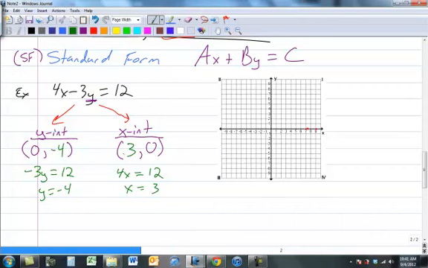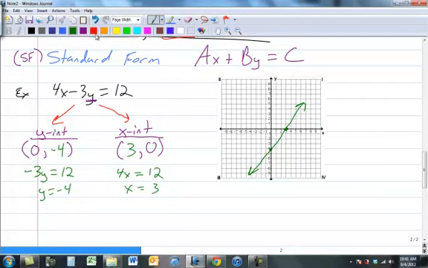So the x-coordinate here is 3. Now you plot those 2 points. You got the point 0, negative 4, and you got the point 3, 0. I don't know if you recall from that quick thing that we did before we did it with the intercepts, this graph looks just like that other one, right?